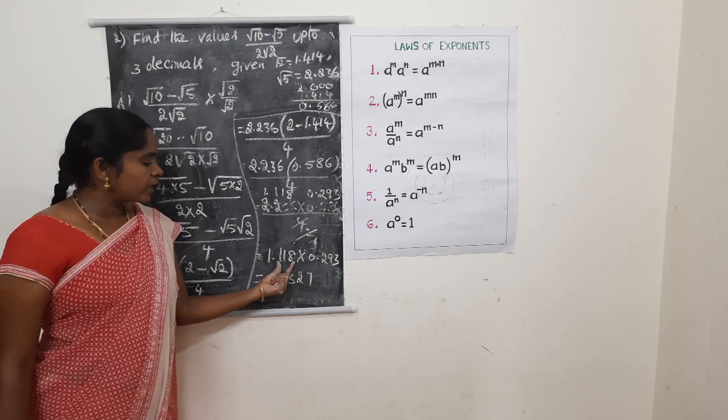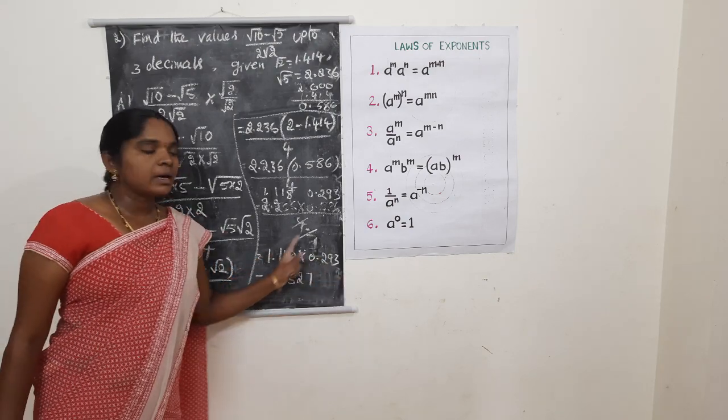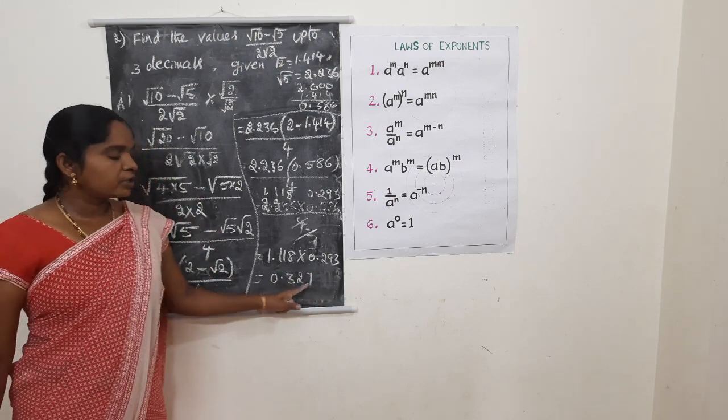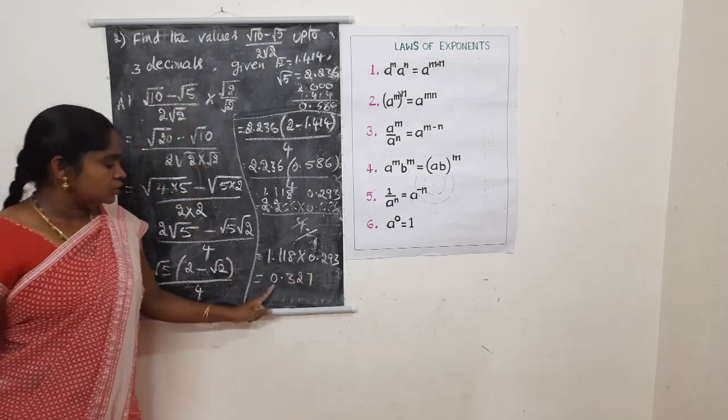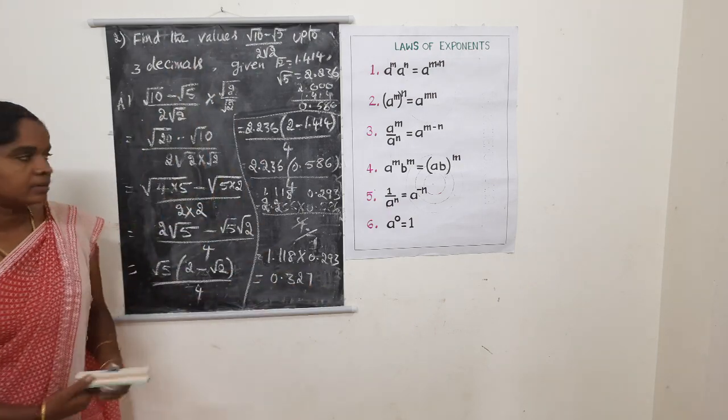So 1.118 and 0.293. These two numbers multiply to 0.327 up to 3 decimals. This result is the value of the given expression.